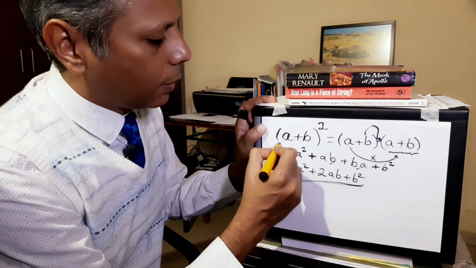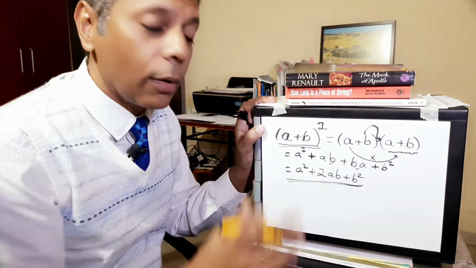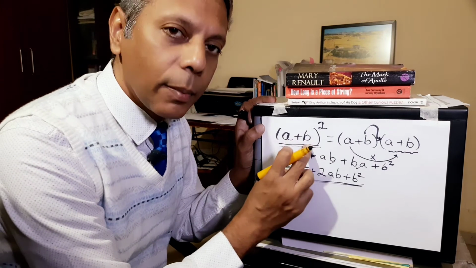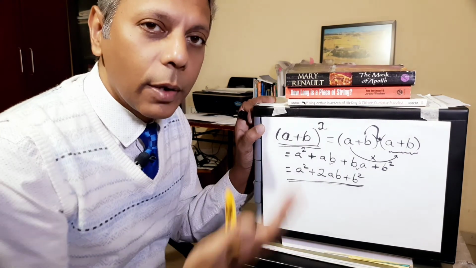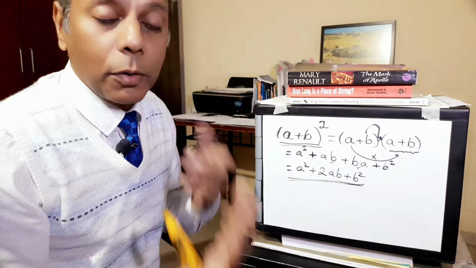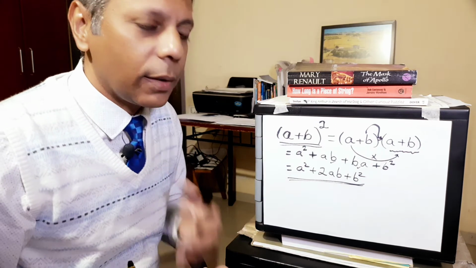Now this is something you have to remember, and this is an identity, because it doesn't matter what the values of a and b are. a could stand for 1, b could stand for 39 or anything. a could stand for minus 3, b could stand for 10, anything.